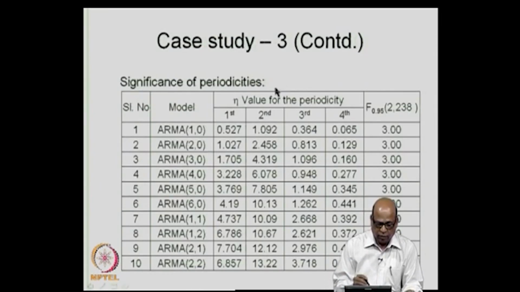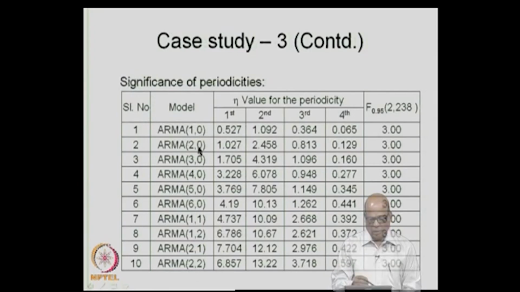So, we do this significance of periodicity test on all the candidate models. The first periodicity is 12 months, second is 6, third is 4 and fourth is 3 months. Associated with those particular omega k values, we calculate these statistic values. Remember again that these are all done for the residual series. On the residual series we calculate these eta values, and the associated F statistic value, which is a critical value, is F 0.95 with 2 and 238 degrees of freedom, since n is 240, at 95% significance.